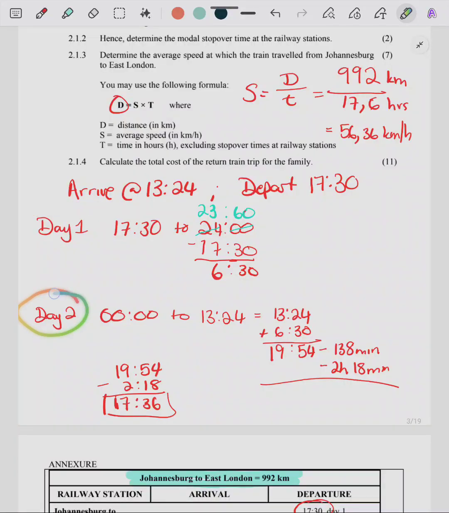For day 2, it was 13 hours and 24 minutes. Total 1954. We needed to take away the stops because they told us no stops. That gave us over here the 1736. And then we put that into our formula in the right format and got to our final answer of average speed.